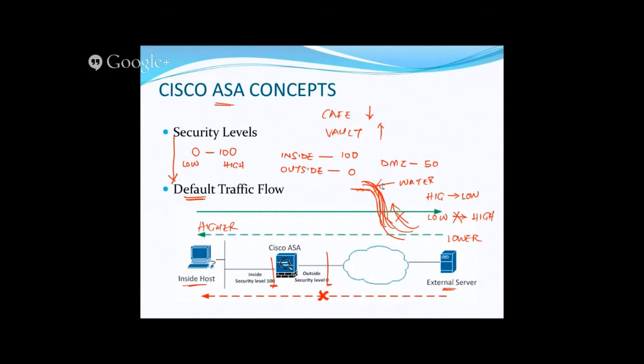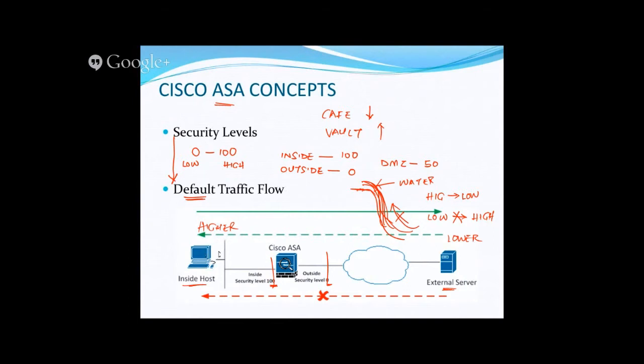The last thing I think I talked about before the error happened was the waterfall model and how water can flow from a higher level to a lower level, but not in the reverse direction by default. And then I talked about how the security level affects the default traffic flow.